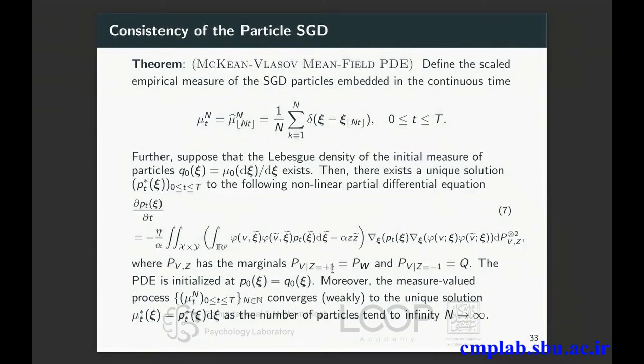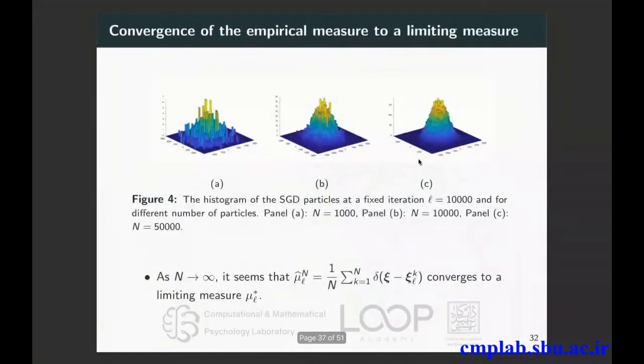It has a very complicated form, but it can be solved numerically, and you can compute the solution of this PDE. The solution gives you the precise form of the empirical measure when the number of particles is infinite.